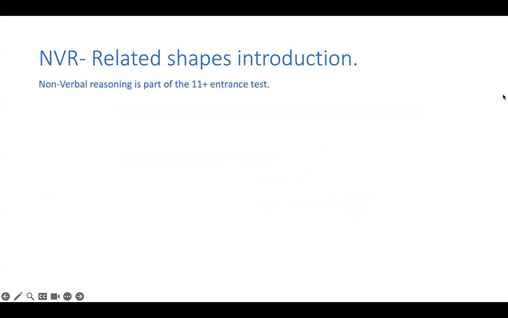Non-verbal reasoning is part of the 11 plus entrance test, and there are 8 different types. We'll look at the others at another time. Don't worry, this won't be the only time we do this type of question. So if you find it a little bit tricky or you're not quite confident by the end of the session, don't worry, it's not the only time that you'll do it, okay?